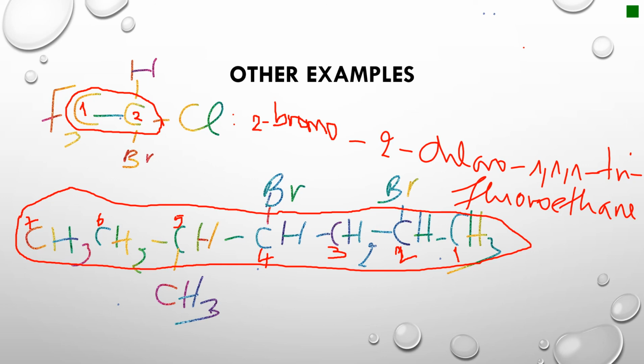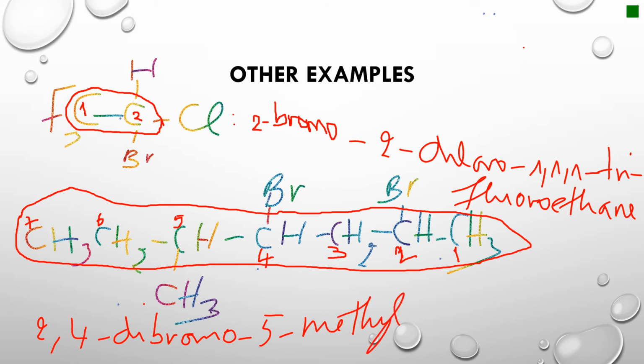B comes before M, so the name will be 2 and 4 dibromo, 5 methyl, and the parent chain is composed of 7 carbons, so it is heptane.